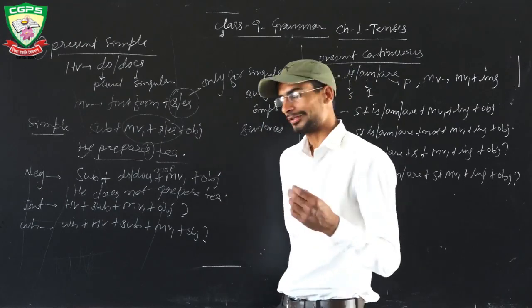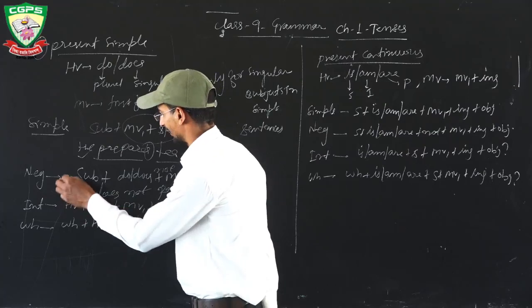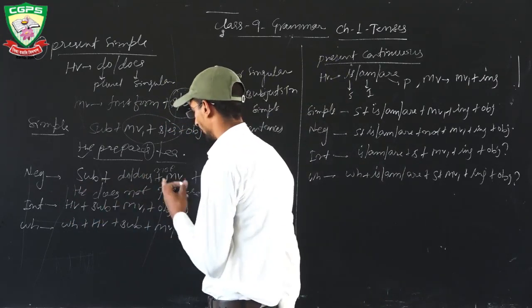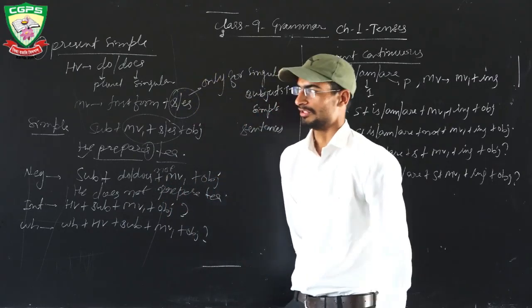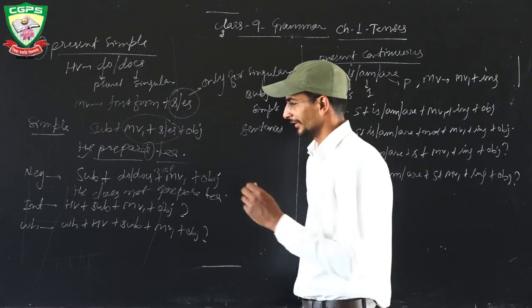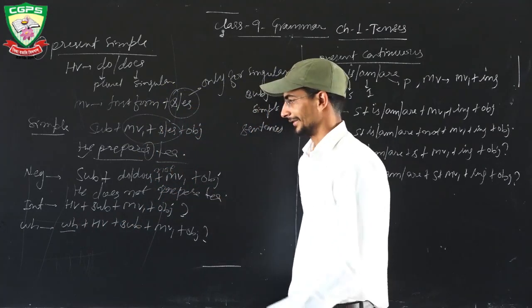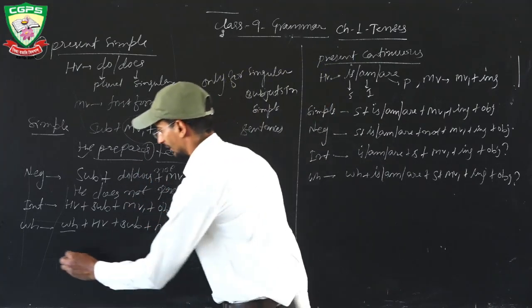Third is interrogative. So making an interrogative, just use the helping verb at the starting: Does he prepare tea? That is interrogative and question mark at the last. When changing to WH word type sentence, just add WH word at the starting of interrogative sentence. Like, how does he prepare tea?